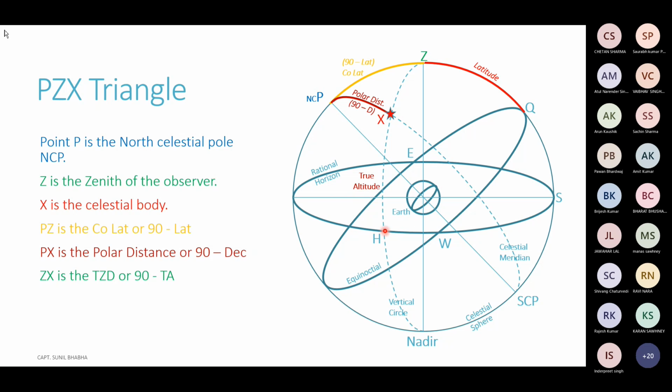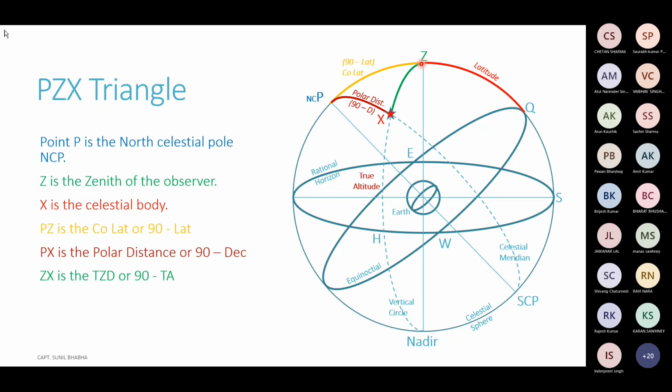And we also know that any point on the rational horizon is 90 degrees away from the zenith. So Z to H is 90 degrees. H to X is equal to the true altitude of the body. This tells us that Z to X will be 90 minus true altitude. And this particular side is known as the true zenith distance of the body, in short TZD.